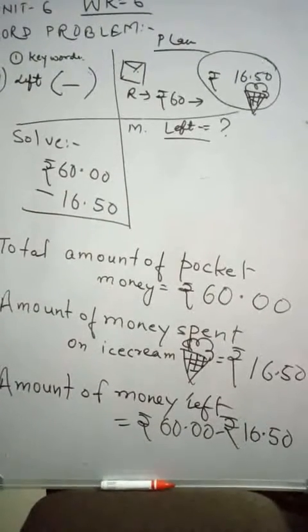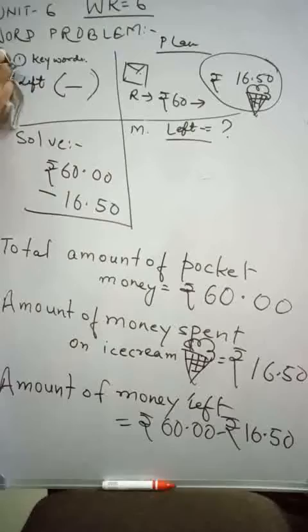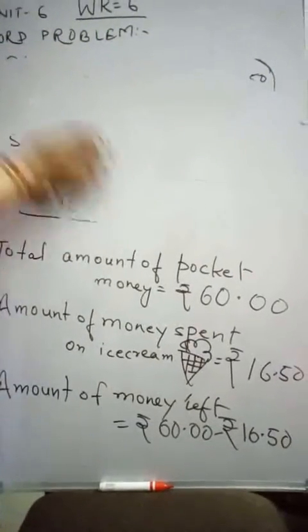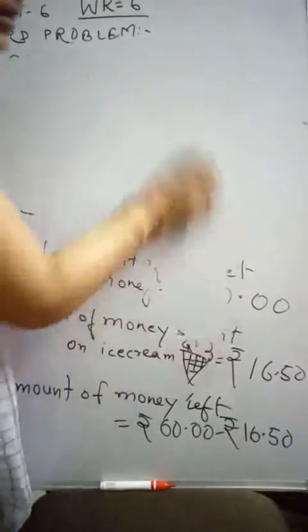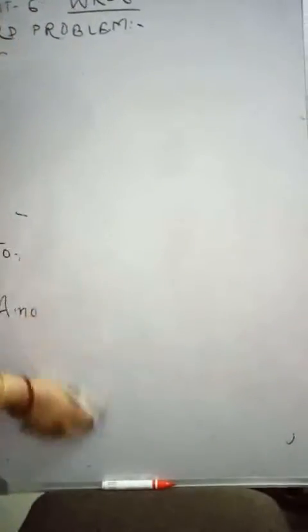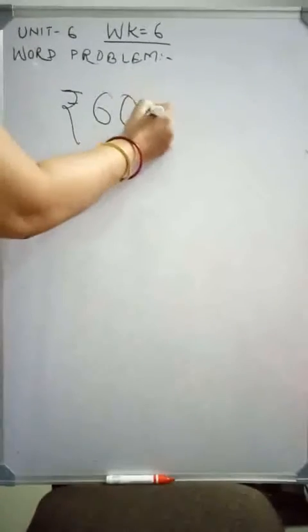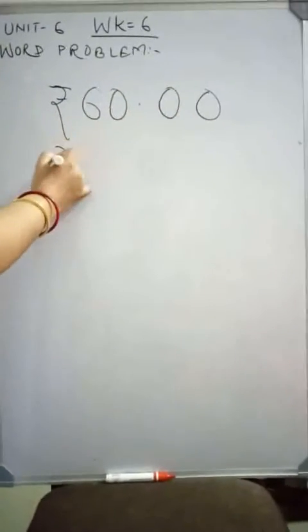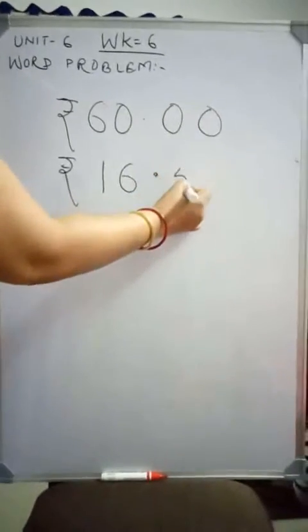So here we will arrange these numbers in a column. Let us firstly arrange rupees 60 and then the amount that is spent on ice cream, 16.50.